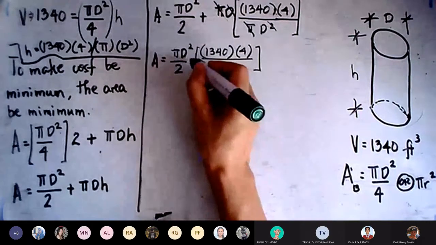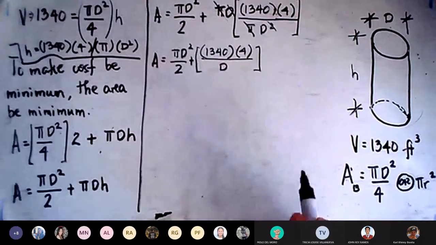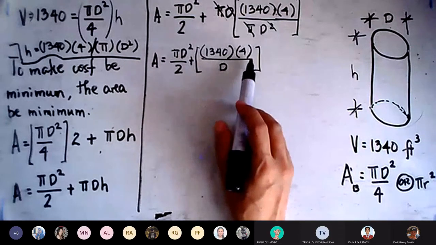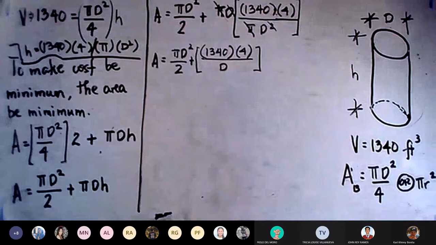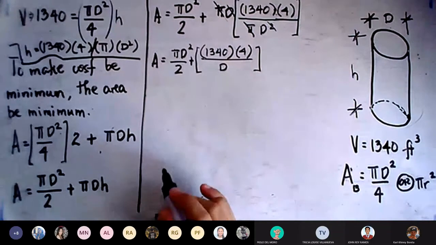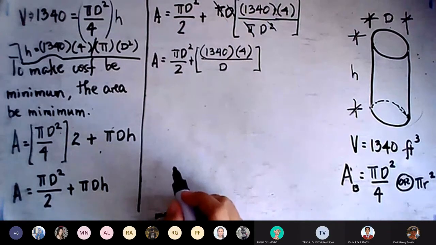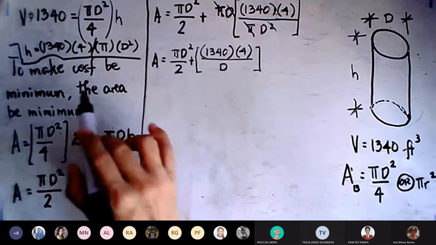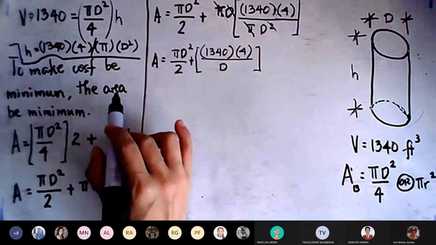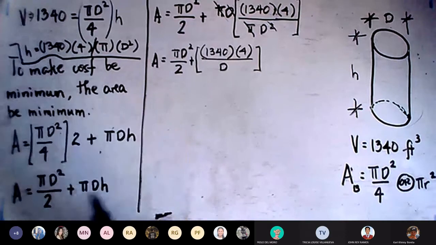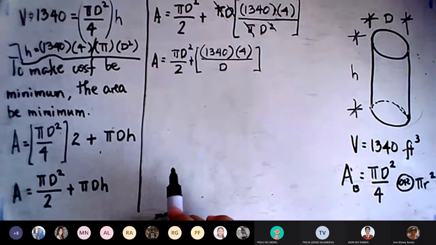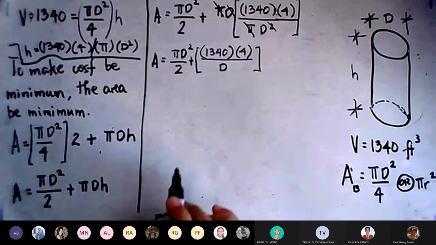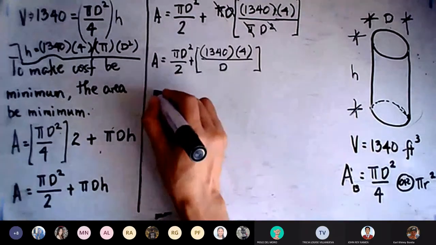Okay, so you have pi d squared over 2 plus 1,340 times 4 divided by the diameter. And since we are going to set the cost at the minimum, and by setting the area at a minimum, then we are going to differentiate this formula for the area relative to the diameter.